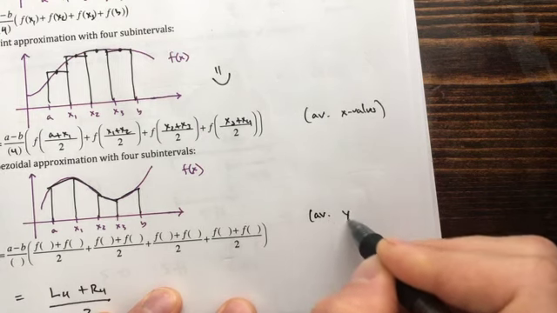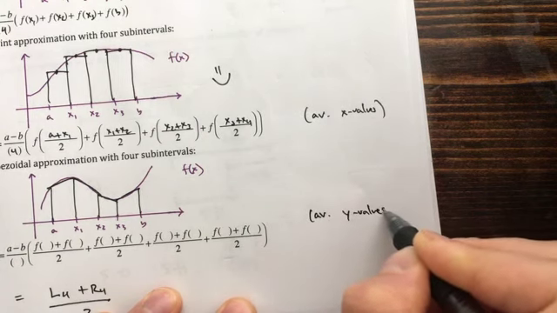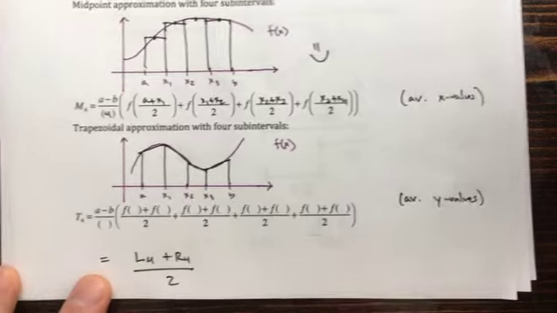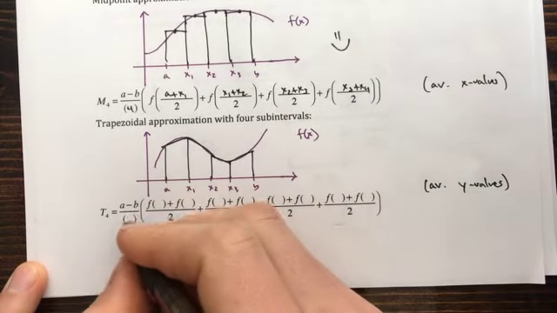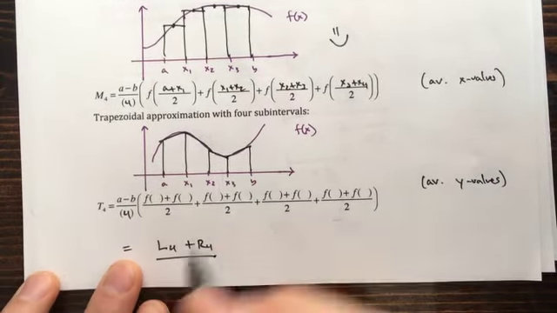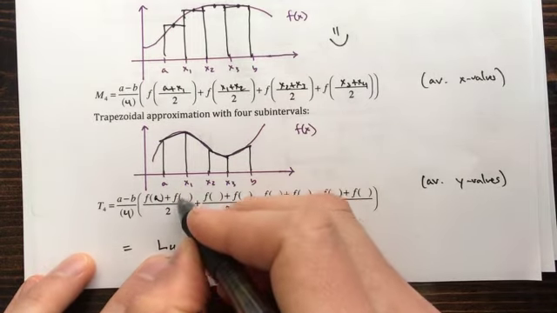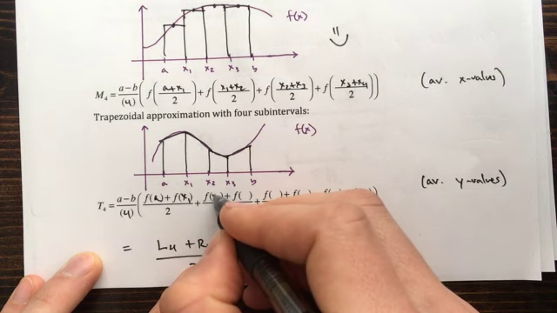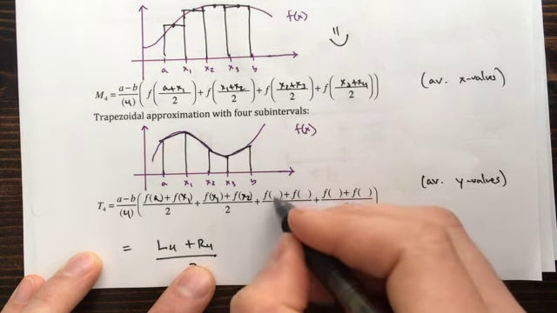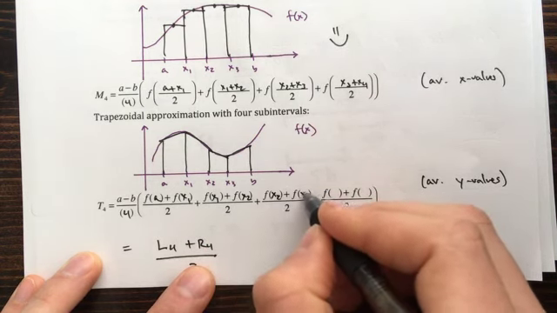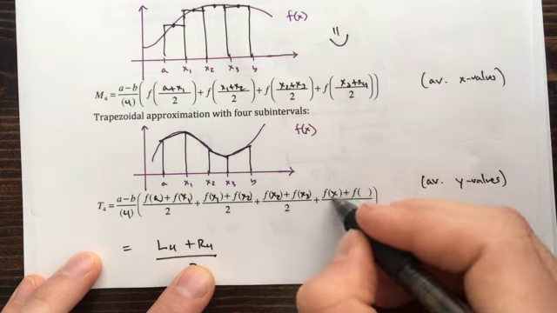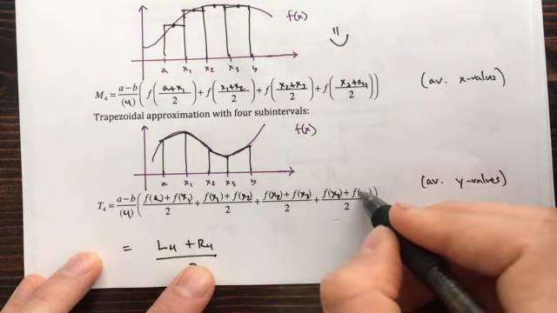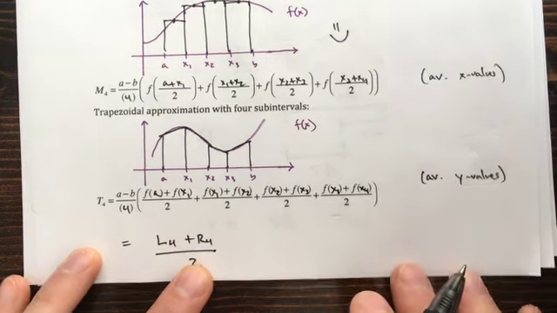Only the same if it's linear, I think. So just bear that in mind. So still b minus a over 4 is our width. Then we're going to do f of a and f of x sub 1, and then average those to get a trapezoid, then f of x sub 1 and f of x sub 2, and average those, f of x sub 2 and f of x sub 3, and average those, f of x sub 3 and f of x sub 4, and average those.